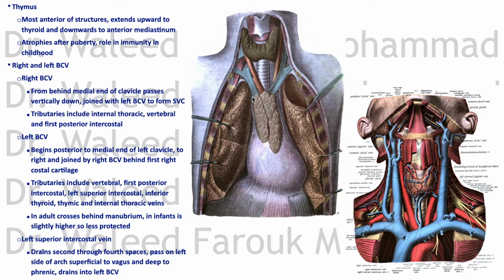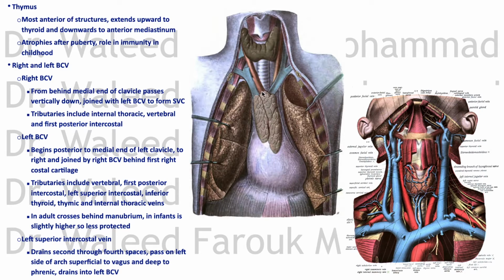Remember, the first posterior, or the highest or the supreme intercostal, drains into the corresponding brachiocephalic vein before it's joined by the left brachiocephalic.